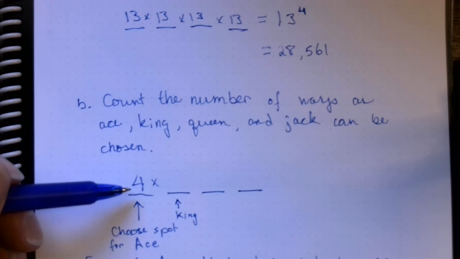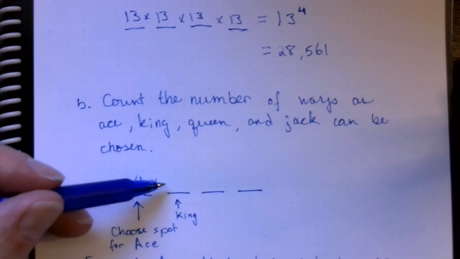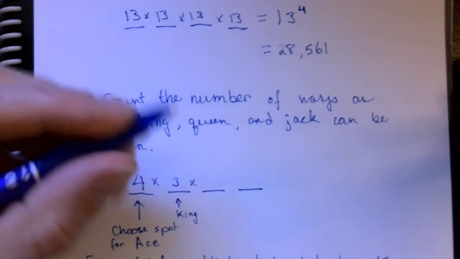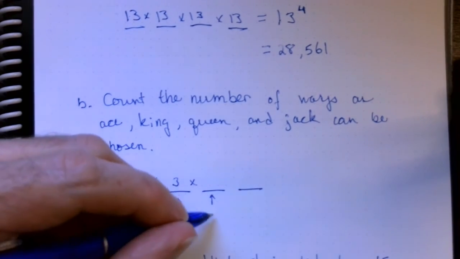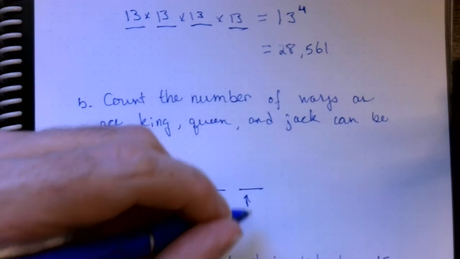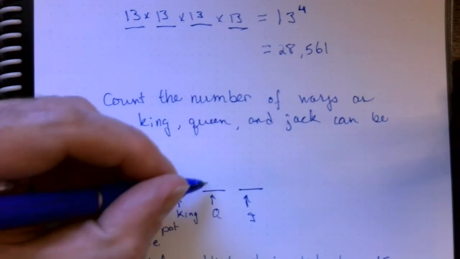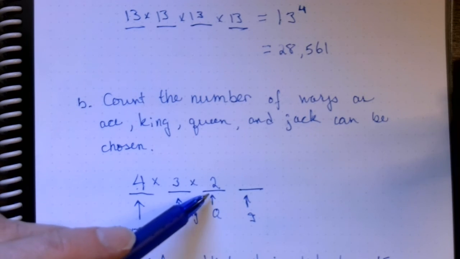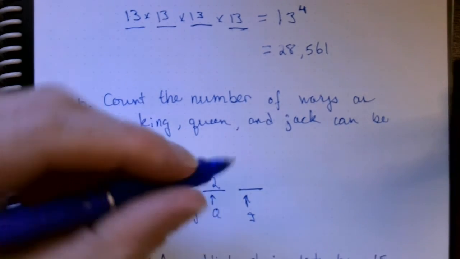Now, if you decide we're going to put the ace in the 3rd spot, then you cannot put the king in the 3rd spot. You have to choose from the 3 remaining spots to place the king. So here I'm going to choose the queen. Now once the ace and king are placed, you only have 2 spots to choose from for the queen.